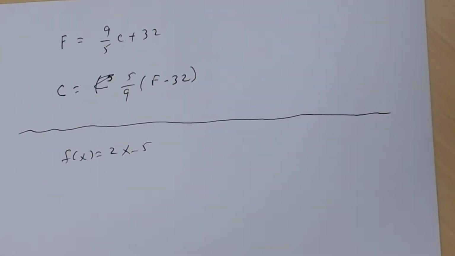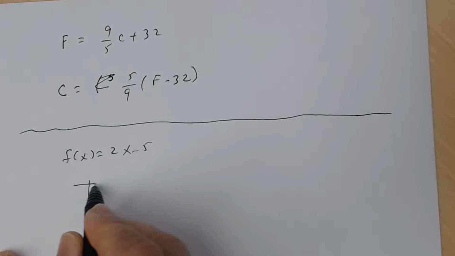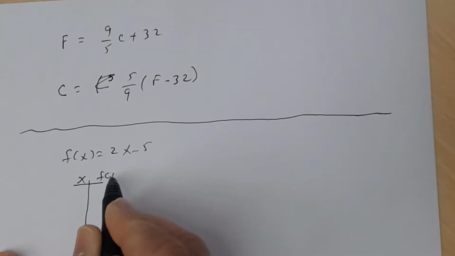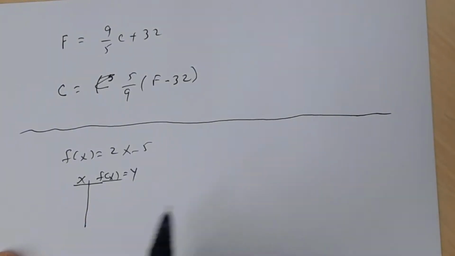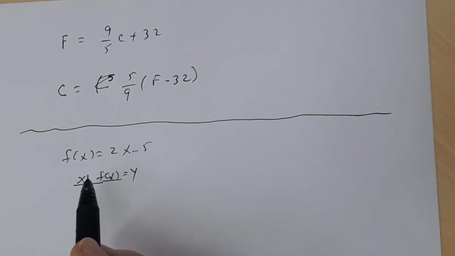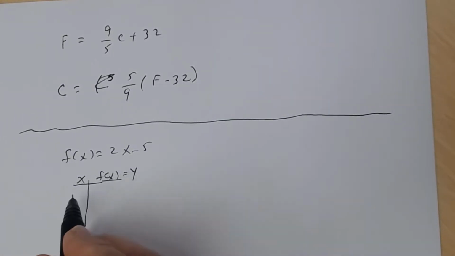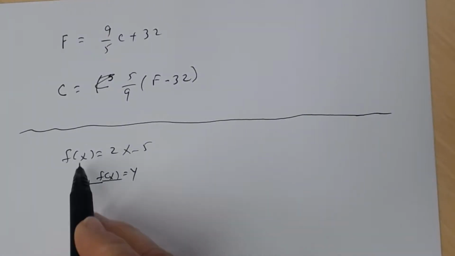This function says that I can take any value for x. Remember, f of x here means the same thing as y. So I can take any value for x, let's say 2, and plug it into this function f of x.